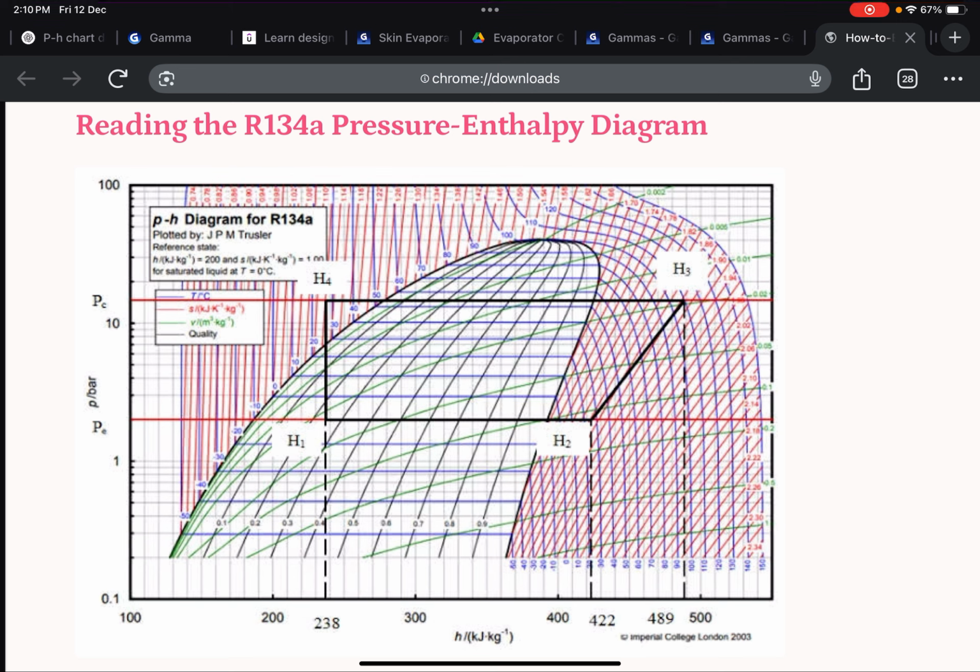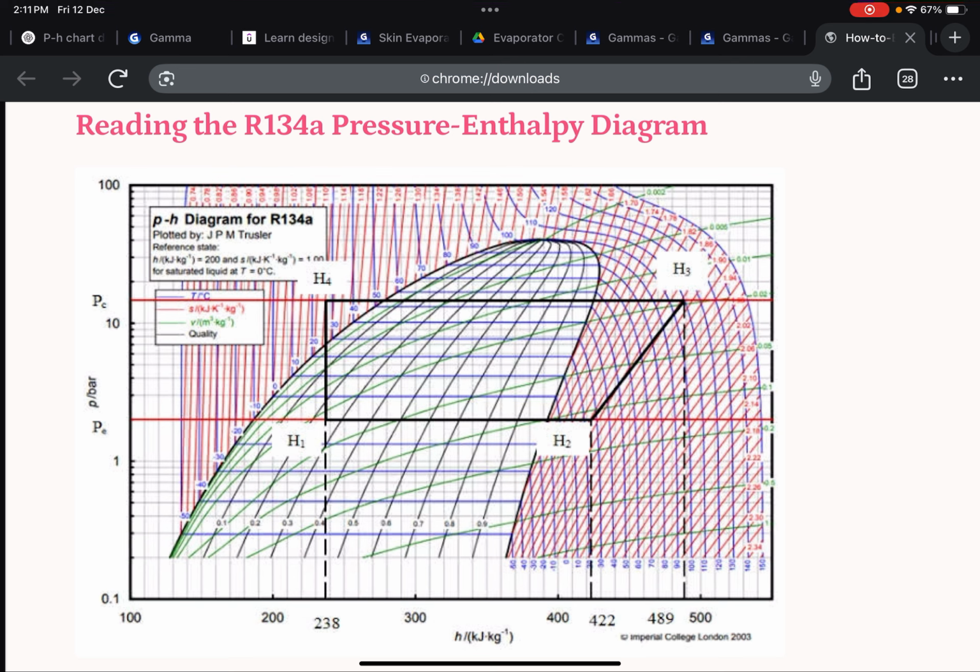In some books, you'll find that 1 is denoted as 4, so numbers are not fixed. You can start from anywhere because it is a cycle. But in my cycle here, the H1 value of 238 kilojoules per kg reflects the specific enthalpy of the refrigerant entering the evaporator.